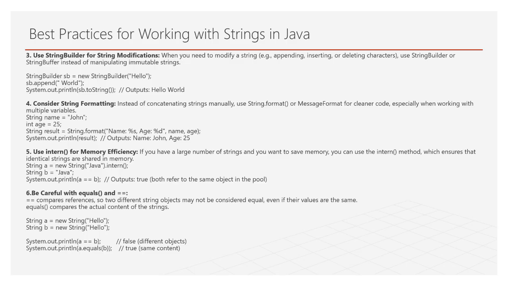Even if their values are the same, they are going to point to different objects, so it may not be considered equal. Now equals will actually compare the actual content inside, no matter whether they are referring to different objects and different reference points. If the content is the same, this is going to return true.